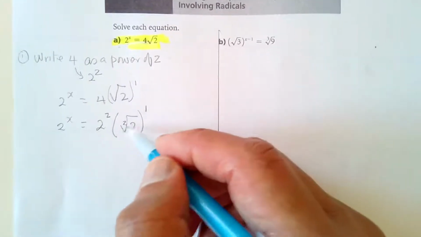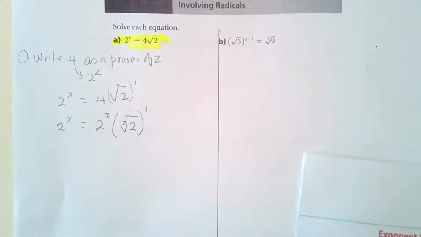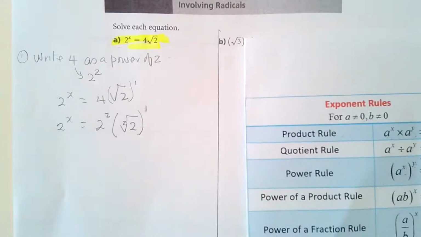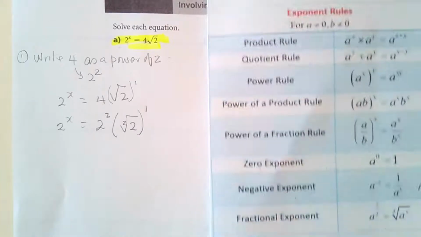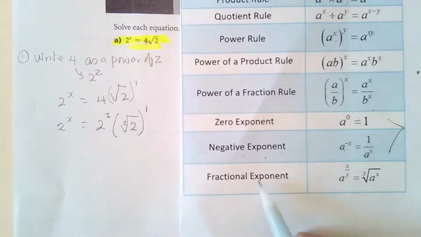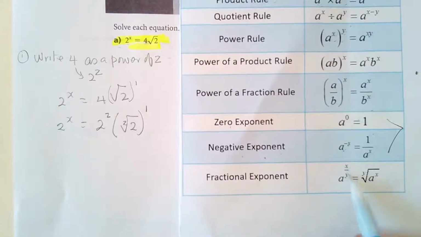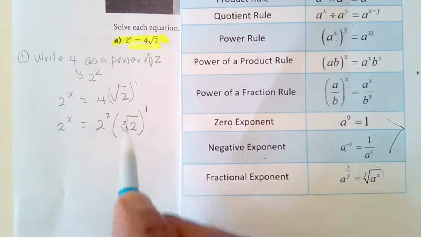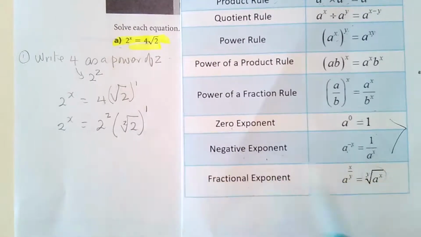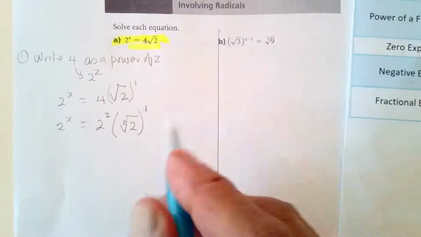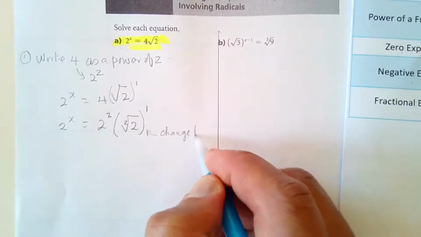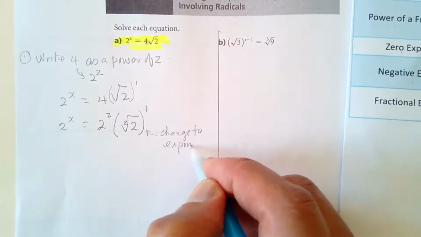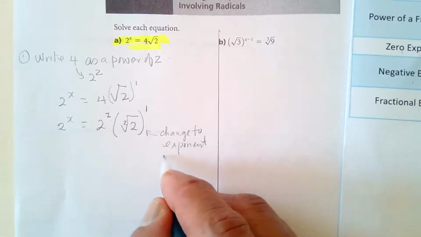Now here we have fractional exponents. If you go back, we have the fractional exponent rule. We will change that into an exponent, so we use a fractional exponent.